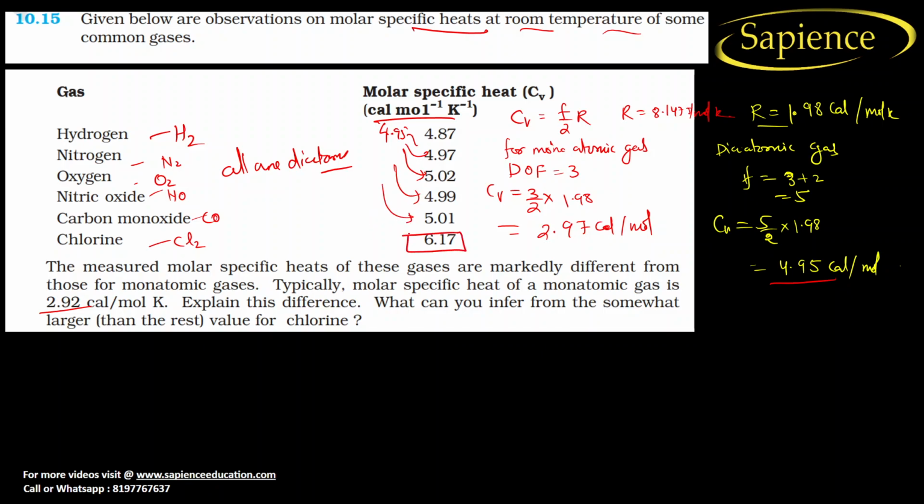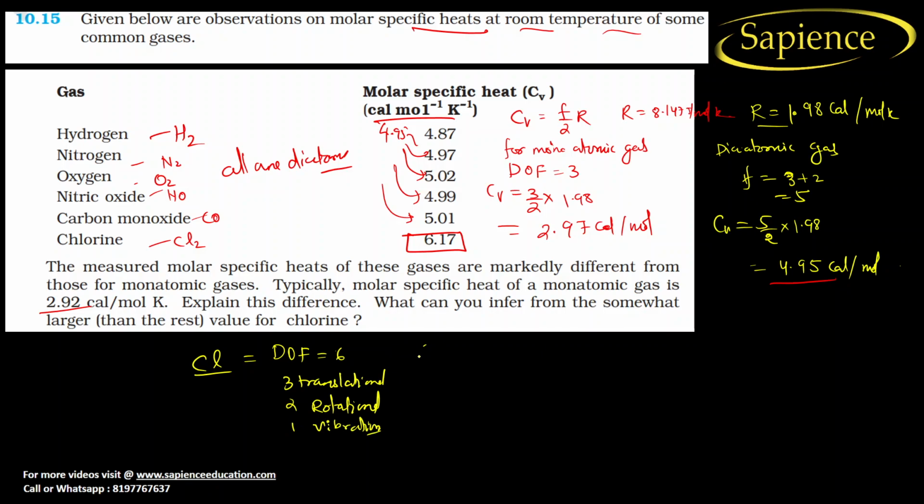But there is a drastic change in the value for chlorine. Why does this happen? See, you know that chlorine has a degree of freedom equal to 6: 3 translational, 2 rotational, and 1 vibrational.